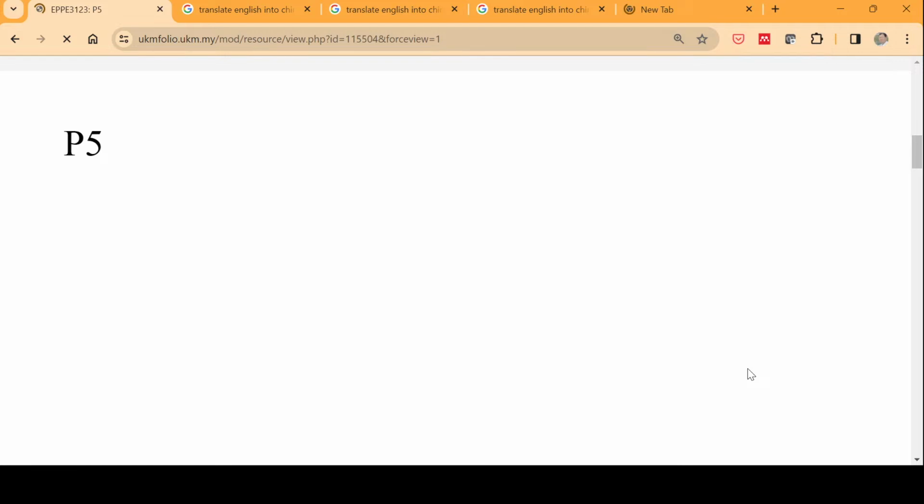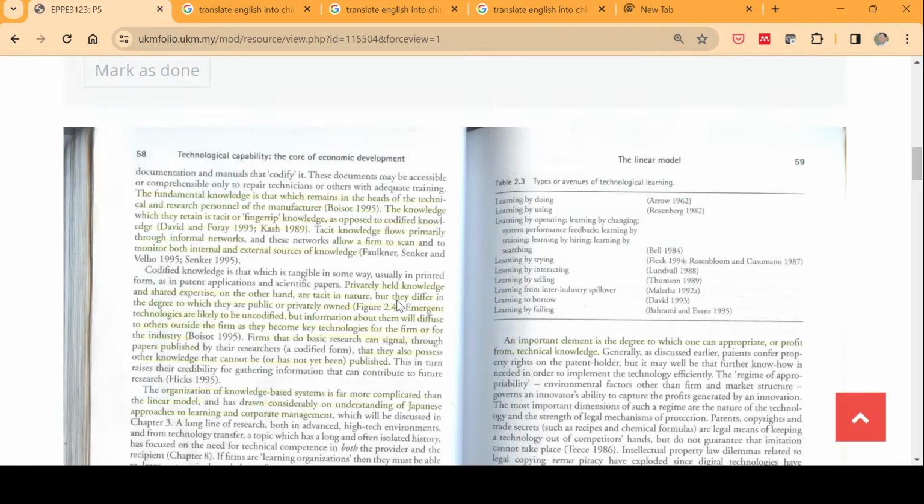Tacit knowledge flows primarily through informal networks, and these networks allow a firm to scan and monitor both internal and external sources of knowledge. So tacit knowledge, a good example is when Steve Jobs passed away.